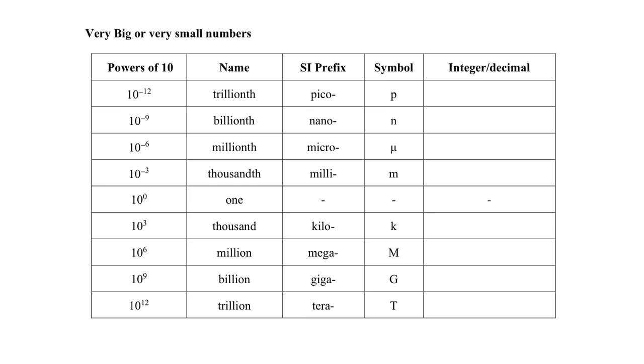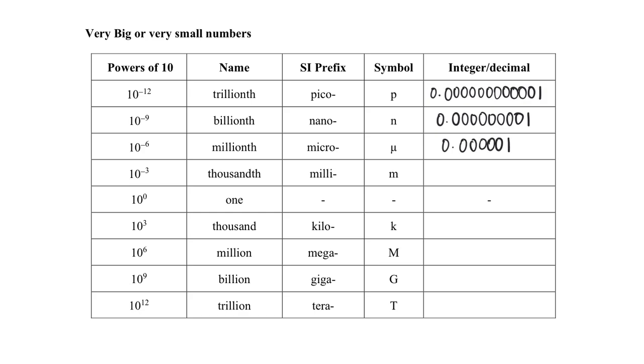So for example, 10 to the power of negative 12, we call it a pico. The moment you see a pico, you know this represents 10 to the power of negative 12, and the decimal would then be 0. Here we'll have 11, 0, 1, 2, 3, 4, 5, 6, 7, 8, 9, 10, 11, 1. So for nano, then you will know 0.0, 1, 2, 3, 4, 5, 6, 7, 8, 1. For micro, 10 to the power of negative 6. 1, 2, 3, 4, 5.